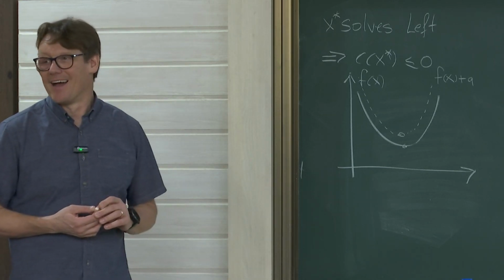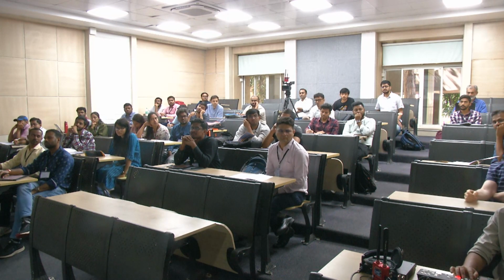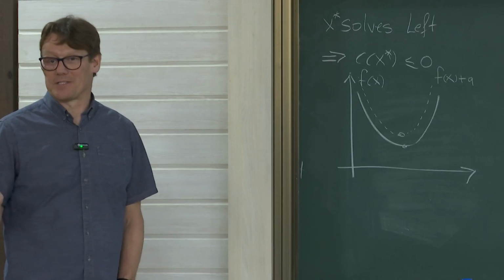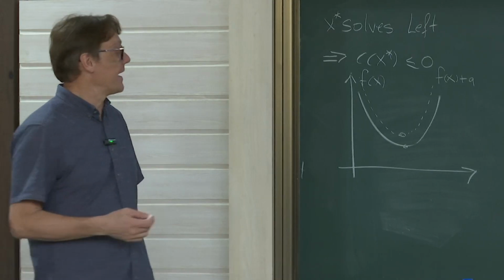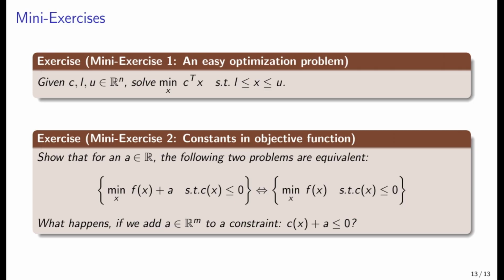You can also use the definition of optimal solution. That's a very good one. You go back to the definition, and you know that x star is optimal here. That means there's no feasible point in the neighborhood for which this is greater. But a is always a constant. I like that.